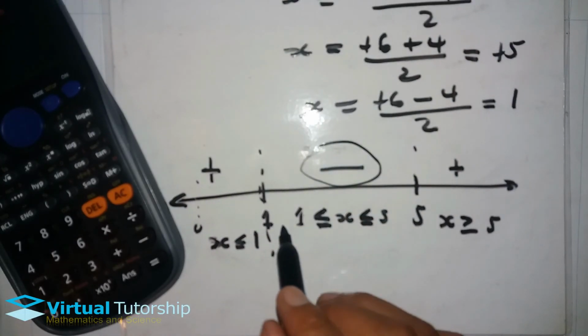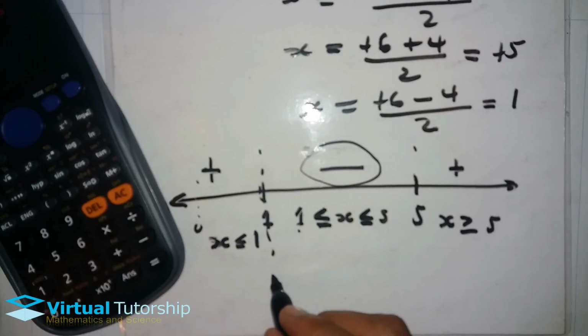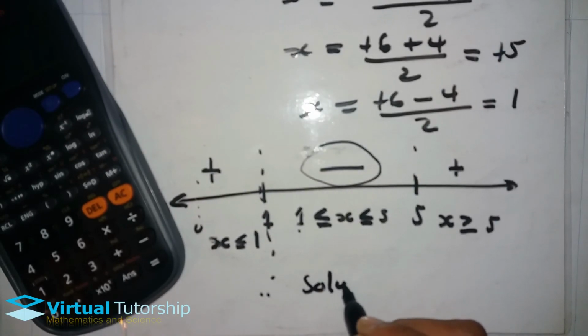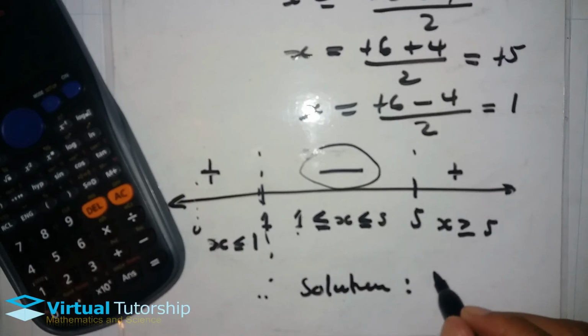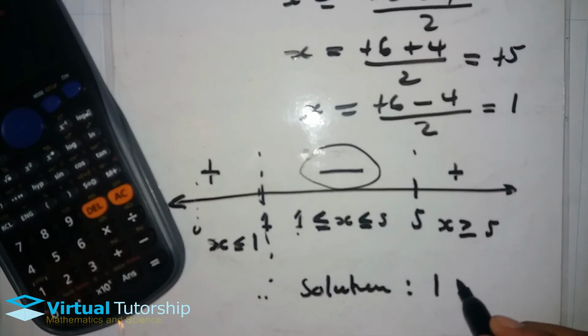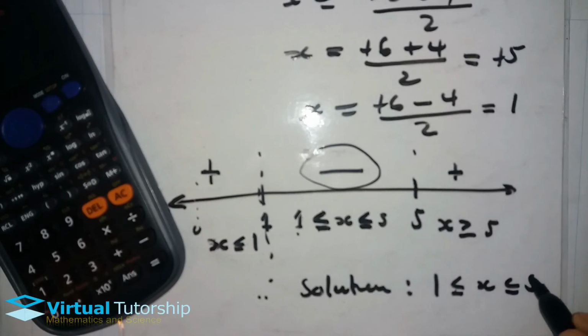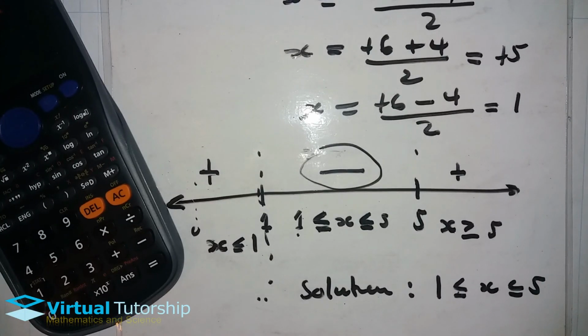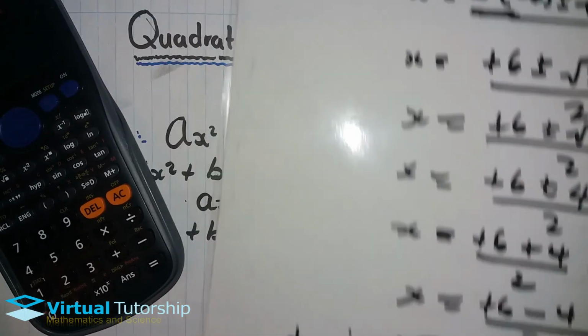Between 1 and 5. Therefore our solution is all the x values that are between 1 and 5. So yeah, that's how you solve quadratic inequalities like these.